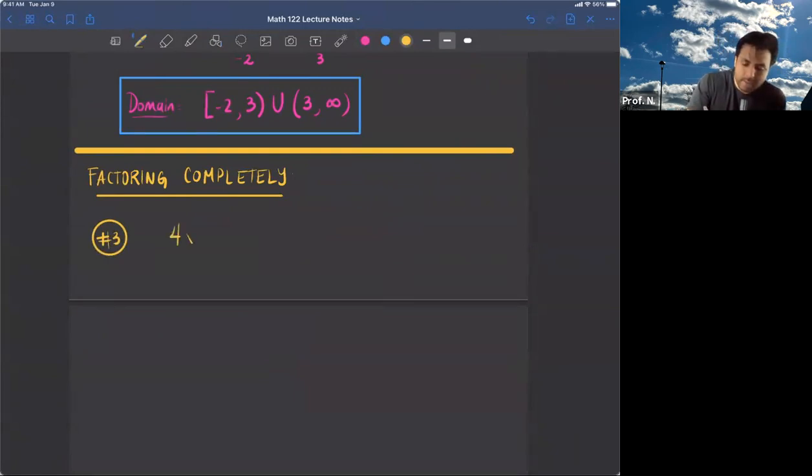So I have 4x cubed minus 8x squared plus 3x minus 6. So I want to factor this, right? What I notice first is that I have 4 terms. Whenever I have 4 terms, the first thing that should pop in your head is factoring by grouping. So let's look at what happens if I were to factor by grouping.